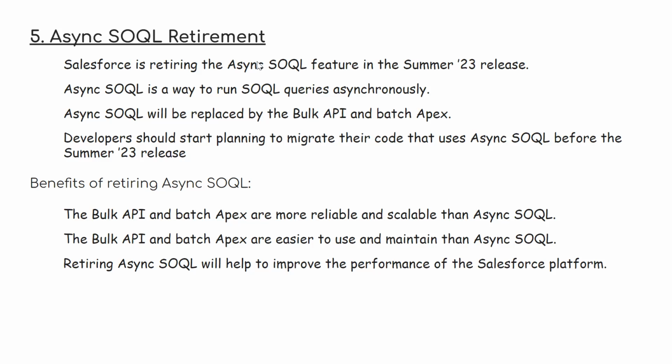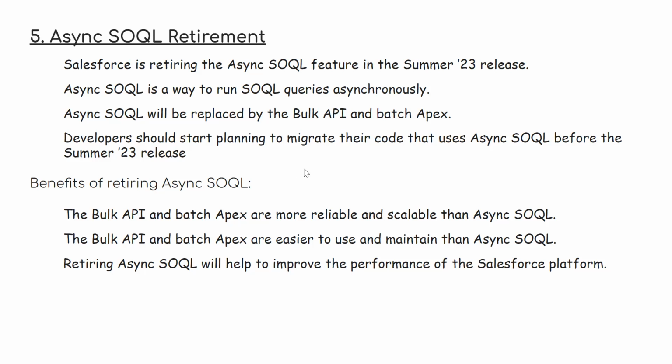Salesforce is retiring the asynchronous SOQL feature in the Summer '23 release. Developers should start planning to migrate their code before the Summer '23 release. Async SOQL will be replaced by the Bulk API and batch Apex.